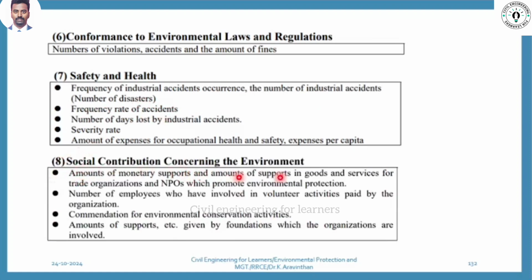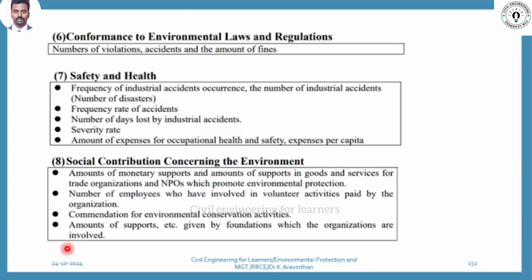Social contribution concerning the environment. They have to participate in social activities, the amount supported by the foundations which organizations are involved in. Green India Mission, if the government is starting it, a certain fund will be given by every organization to the government. Why? Because that is called participation.